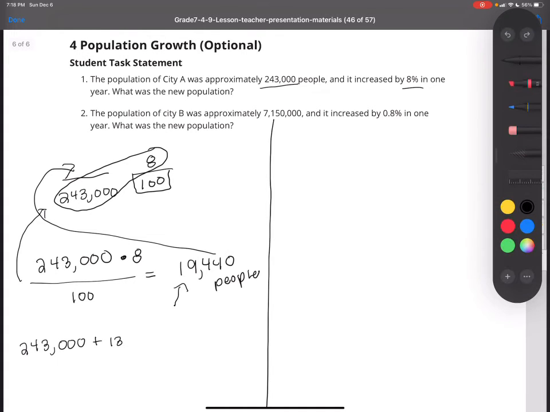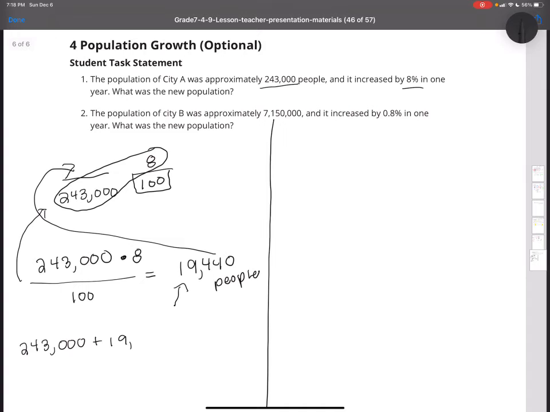Where do I get that 3 from? The world may never know, but it's 19,440. And when I add those two numbers together, hold on, guys, because my calculator's going crazy.